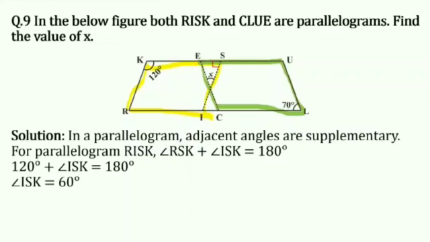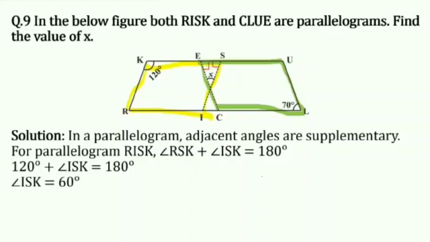Now we are going to take into consideration this E angle. For the CLUE, this is 70 degree, and you know that the opposite angle to this one, CEU, will also be 70 degree.